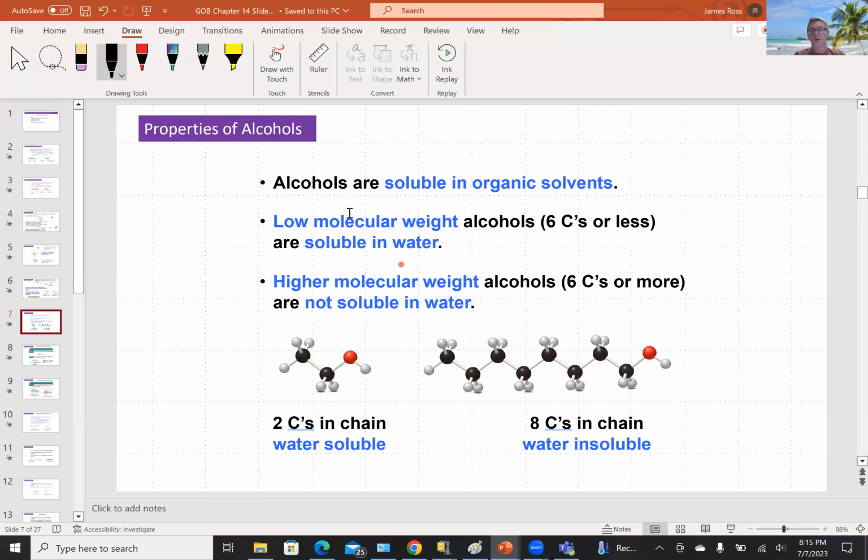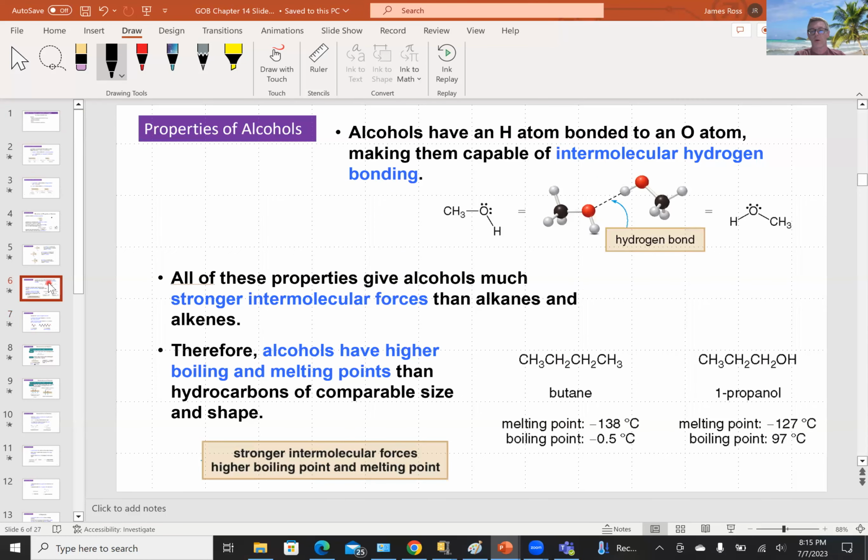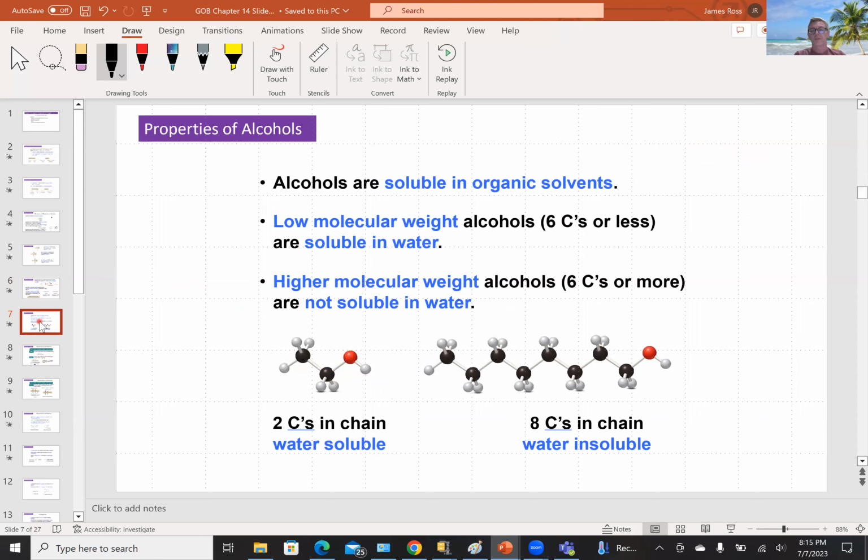There's a cutoff though, because if you recall what an alcohol looks like, it's got this polar hydroxyl group, but it's also got this non-polar alkane group or alkyl group. So there's a conflict between the OH that likes water and the CHs that like other CHs, or don't like water. So at what point does the carbon win against the oxygen? Well, roughly a cutoff is greater than 6 carbons.